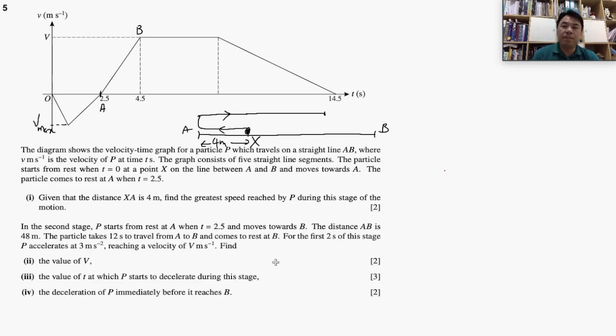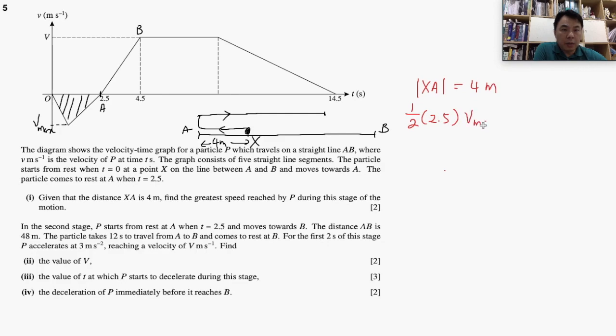Okay, that is the greatest speed reached by the particle. And then we know that the area under the graph represents the distance traveled, which is 4 meters here. Using all this information, I can work out the distance XA. So write down the distance XA is given by 4 meter. This distance is calculated using this formula here, half multiplied by 2.5, the width, multiplied by the height.